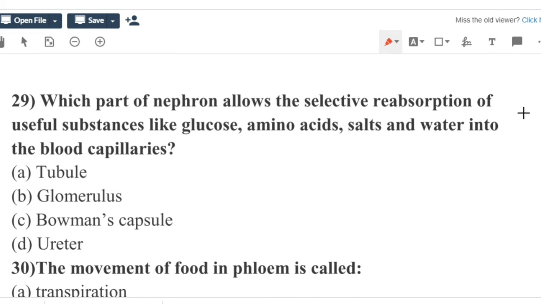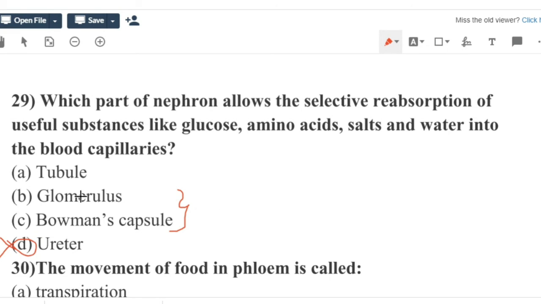Which part of the nephron allows selective reabsorption of useful substances like glucose, amino acid, salt and water into the blood capillaries? Tubule, glomerulus, Bowman's capsule and ureter. Obviously ureter is not an option when it comes to the nephron.